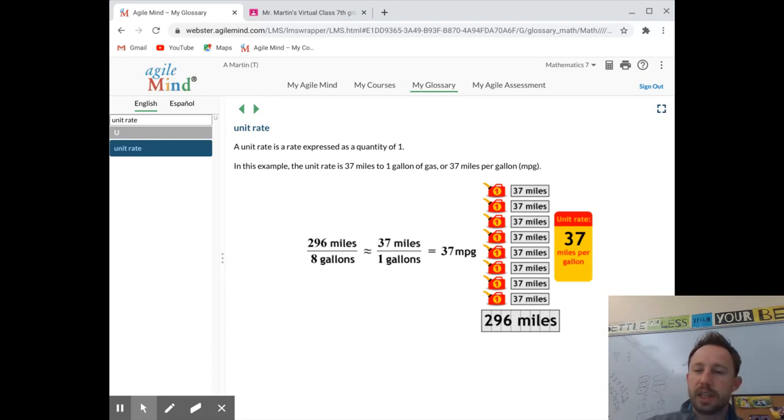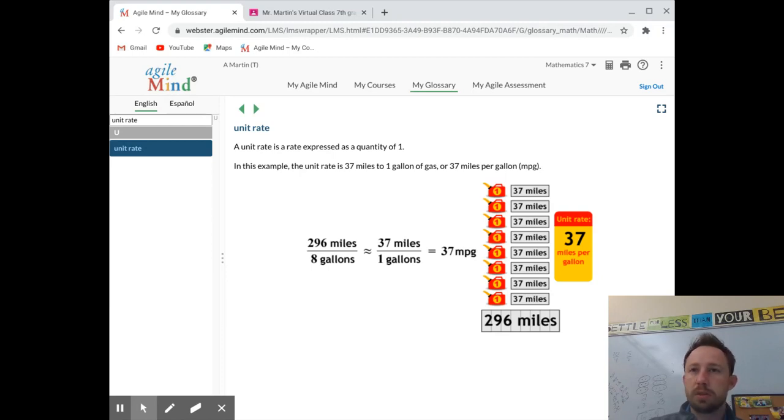Just like Najela said, miles per hour. So she gave us a perfect one. Does anyone else have another one that we could use? So basically, it's a ratio that's being compared to a unit of one, like miles per hour, miles per gallon.